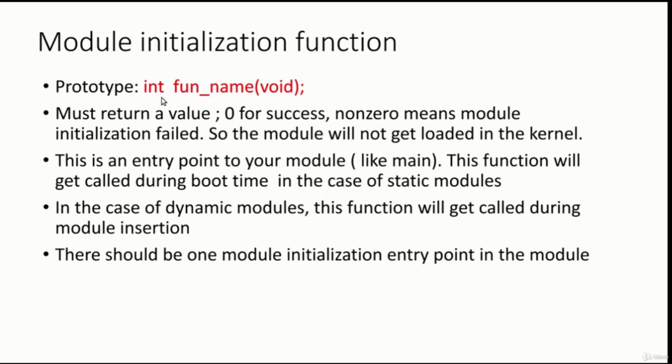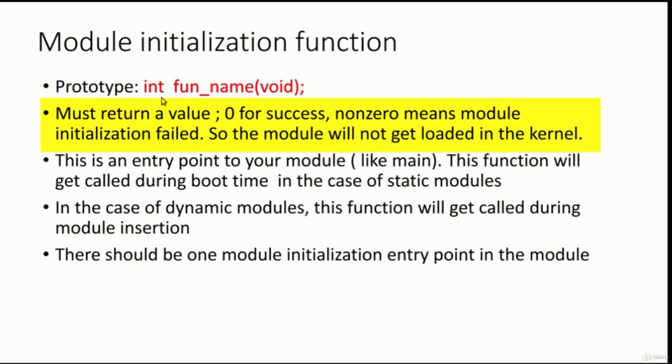Let's move forward. Let's understand more about the module initialization function, and why it is required. First of all, this is the prototype of a module initialization function. It should return int, and the function name you can give anything you want, your custom name, and it will not be taking any parameters, so the input parameters are void.